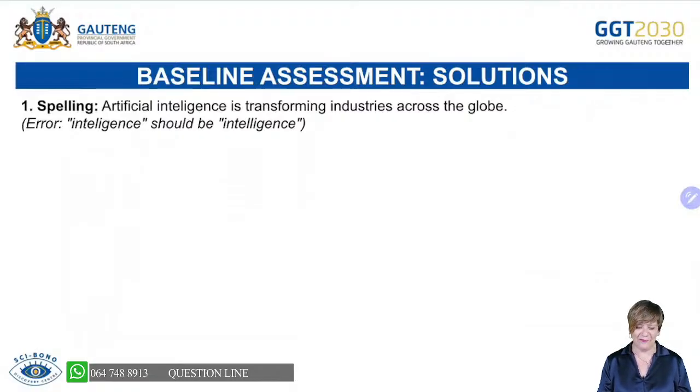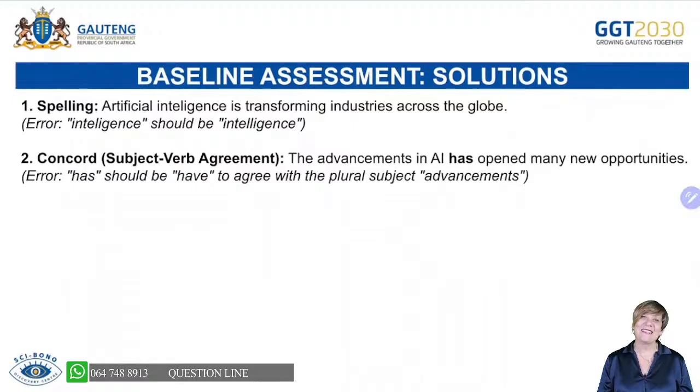Let's try the second one. In the second one, there was an error with the concord. Now I'm sure you remember what concord is. This is where your subject and your verb have to agree. Now if you look at our sentence, it says the advancement in AI has opened many new opportunities.